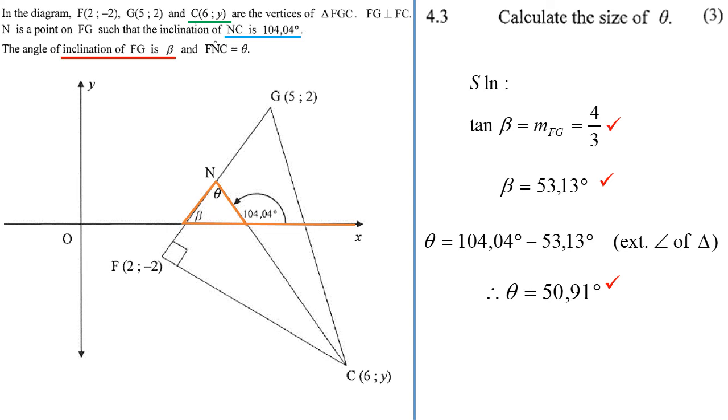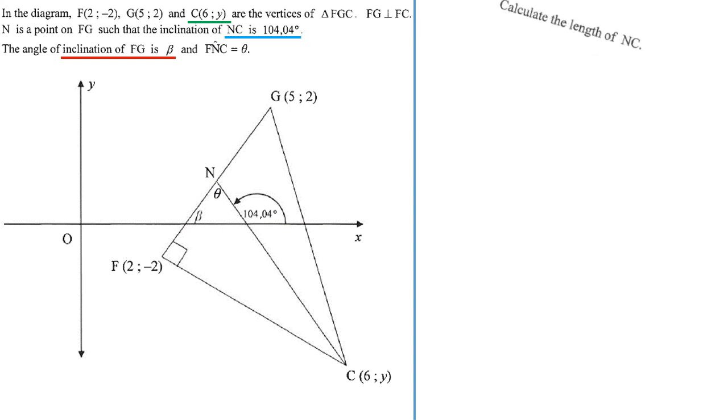Let's look at the last question. That is how you get your 3 marks: the formula, the value of B, and then using the theorem that you learned in the lower grade, and from there getting theta. And question 4.4 says calculate the length of NC.